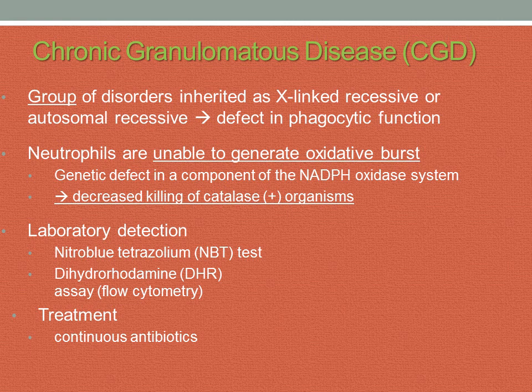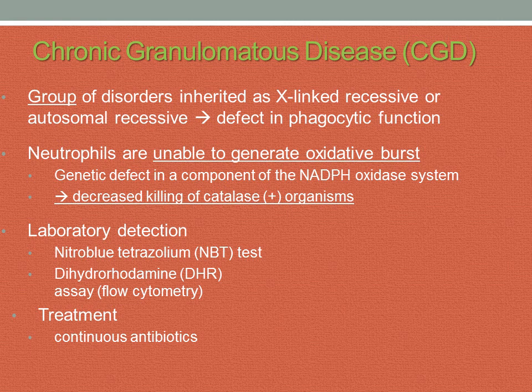So these microbes are then free to continue multiplying within the phagocytic cell. In the laboratory, we can diagnose this with a test called the nitroblue tetrazolium test, or the dihydrorhodamine test, which is a version of flow cytometry.